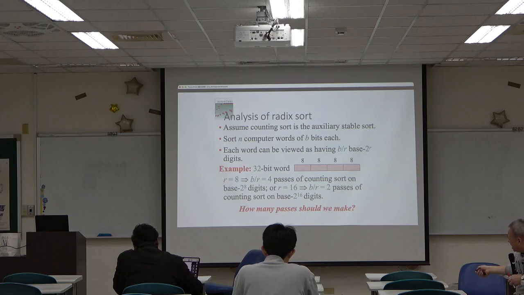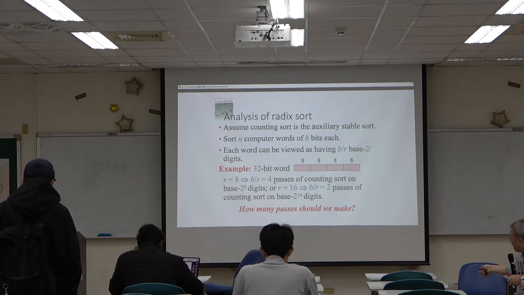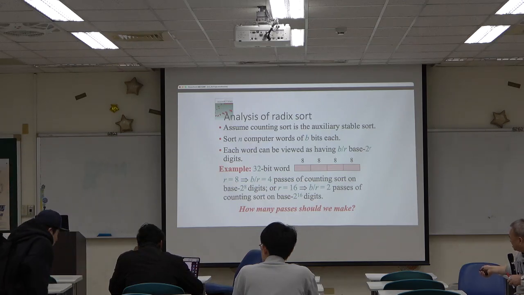So if r is 8, because our word is 32 bit, b divided by r is 4. So we need 4 passes of counting sort on base 2 to the power 8 digits. If r is 16, b divided by r is 2. So we need 2 passes of counting sort on base 2 to the power 16 digits.